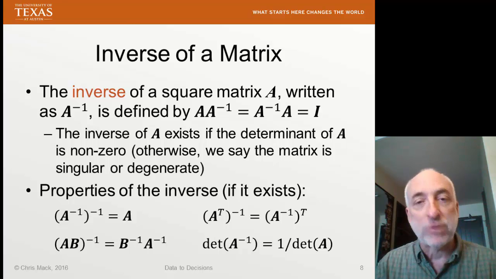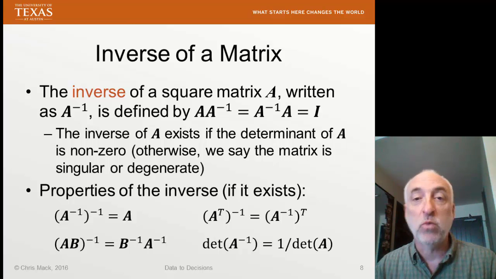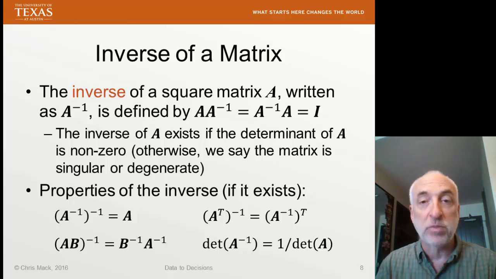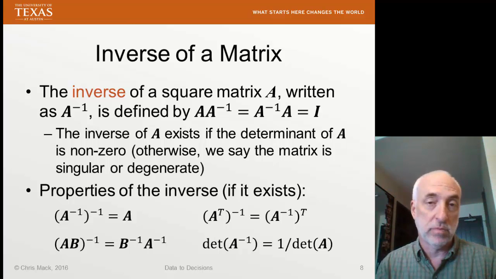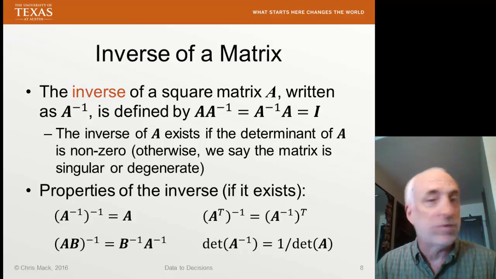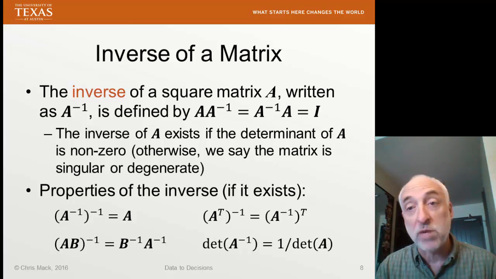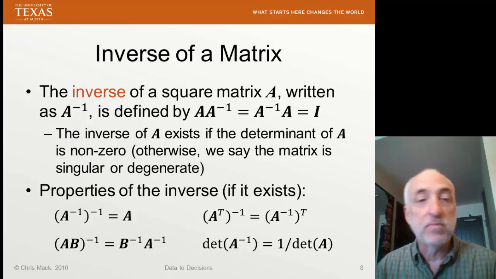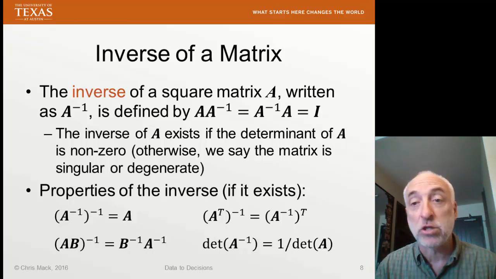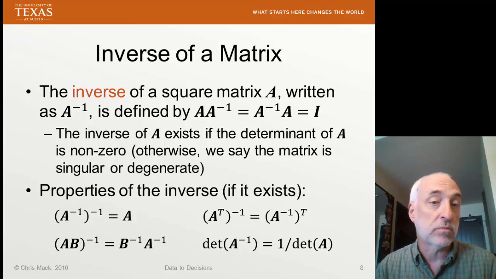We define the inverse of a matrix as any matrix that, when multiplied by the matrix, produces the identity matrix. Right? You can only define an inverse if it is a square matrix. And this is where the determinant comes in. We know the inverse of a matrix exists if its determinant is non-zero.